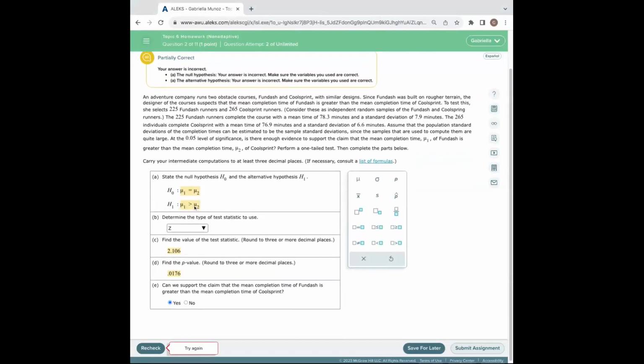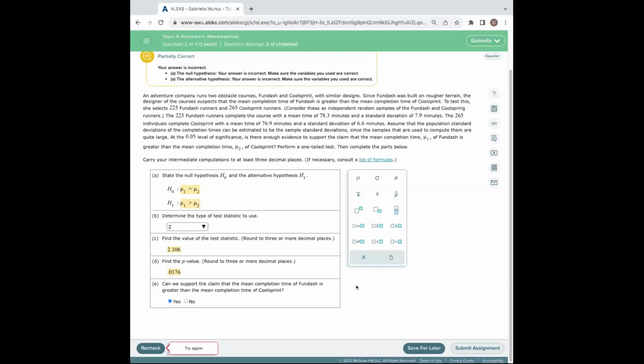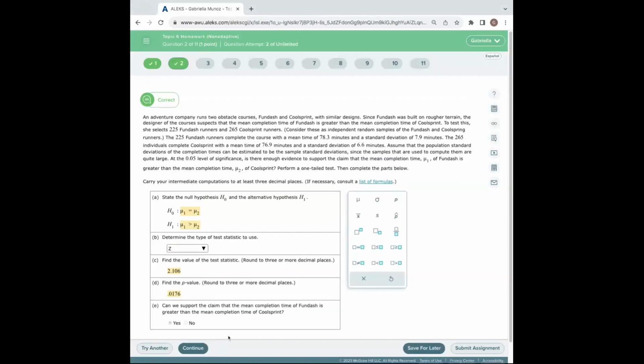Like in other courses I've seen, it's mu1 minus mu2 equals 0. Let me try this really fast because I had the mu messed up. There we go. I put a normal u instead of this mu.